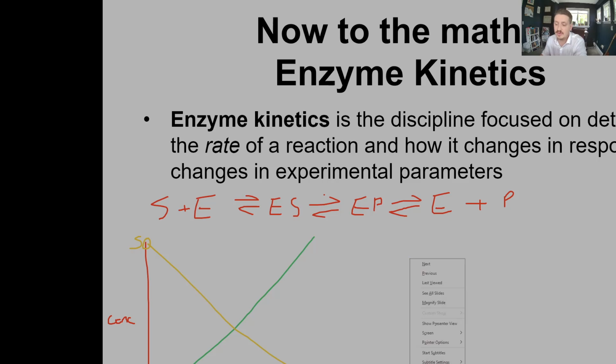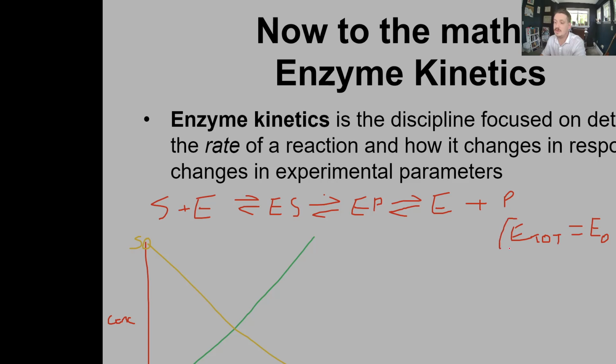The other thing we've got to factor in is the enzyme. If we've got a concentration of enzyme, we can just call that the total amount of enzyme that is in the reaction. That total amount of enzyme is going to be made up of enzyme that hasn't bound to anything yet, which is E0, and enzyme that has bound to something.